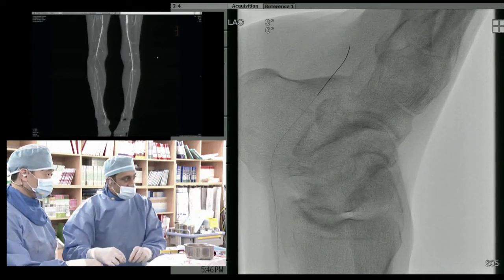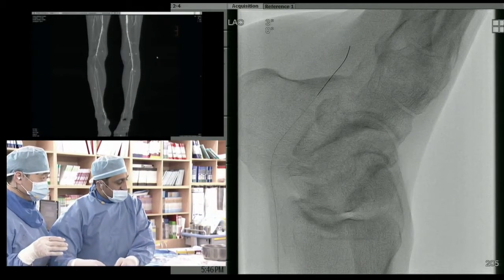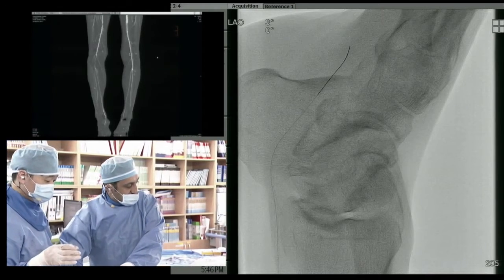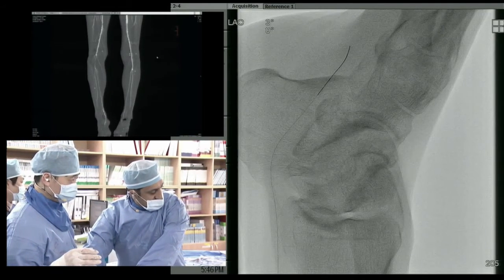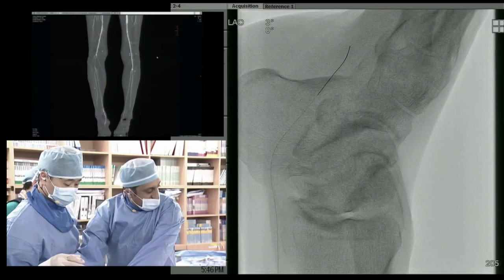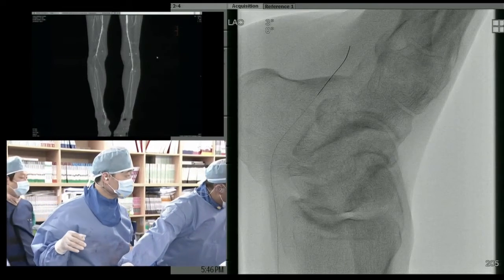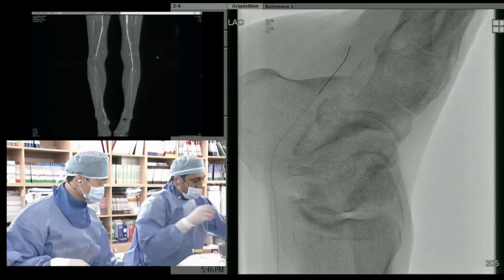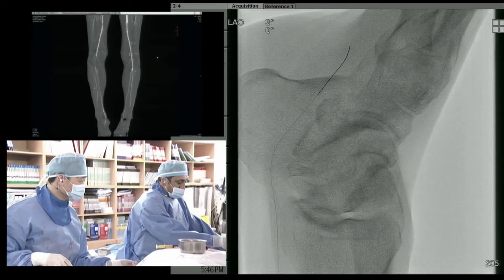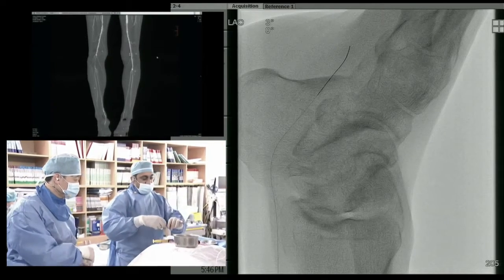What I was planning on doing here was atherectomy of that segment, followed by DCB for a longer-lasting result. In order to do that, given critical ischemia, I want to put an embolic protection device down, and that would not go through the total occlusion.